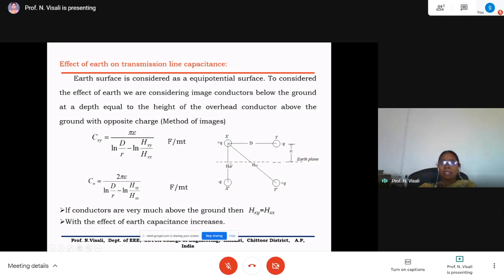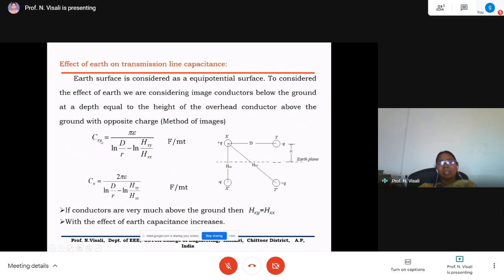Let us take the conductor X here. Then the image conductor will be X dash with the same height, and if conductor X has a positive charge, X dash will have a negative charge. The earth plane will be like this, and image conductors will be below the earth surface, and the charge of that conductor is always the negative of the overhead conductor's charge. So the effect of the negative charge also we have to consider while calculating capacitance.